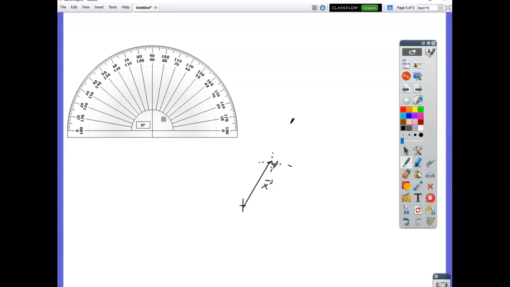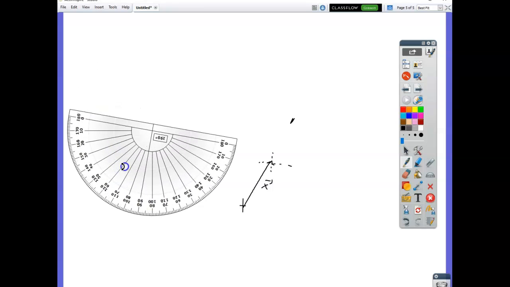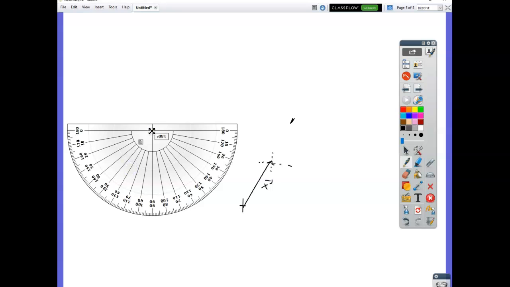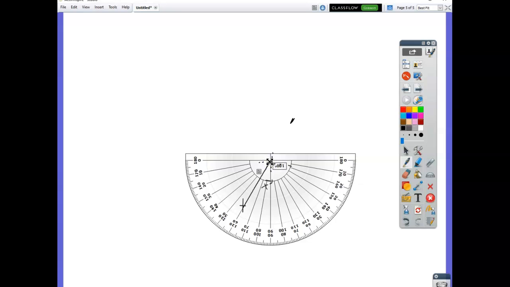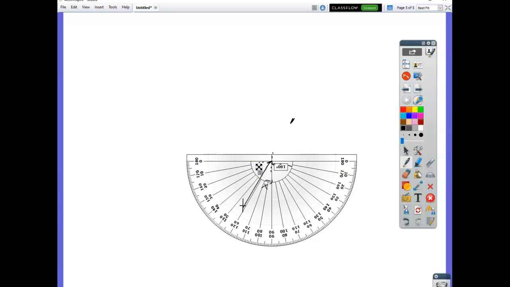Okay, so I've got to flip this over so I can figure out what it is. And so that would be right about here, right?